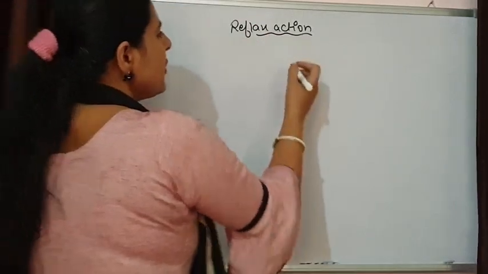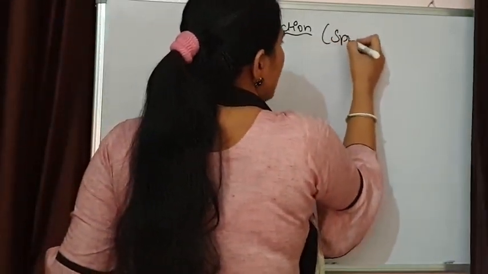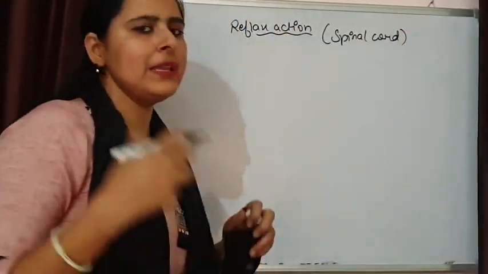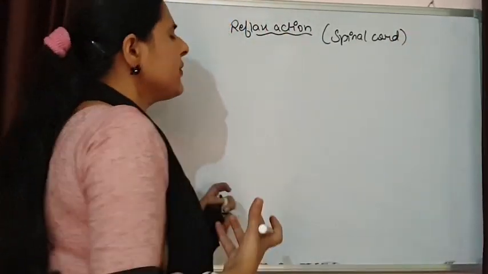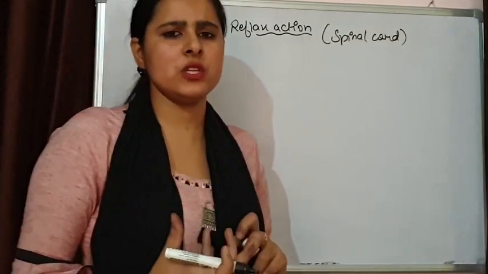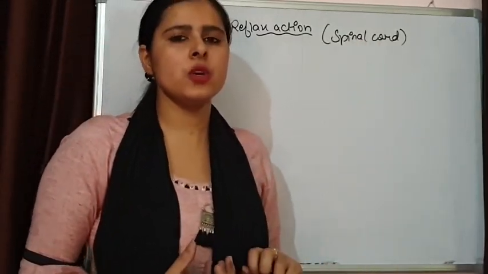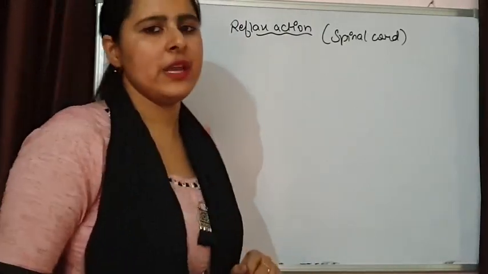So the center for reflex action is basically the spinal cord. Whenever the brain is there, thinking is there, and in some situations some reflex actions also involve the brain, but mostly it is the spinal cord that is involved in the reflex action.